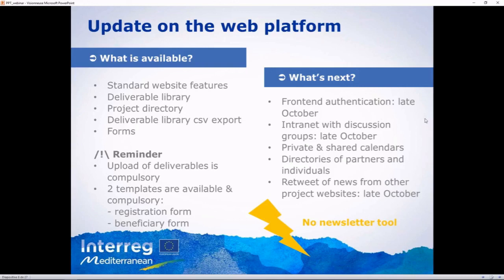Also, there will be private calendars in the private areas, and we are going to put online a directory of partners. It is also possible to retrieve news from each project. So each project can retrieve news from other projects, and for example, the program can republish news that come from projects' websites, and vice versa.